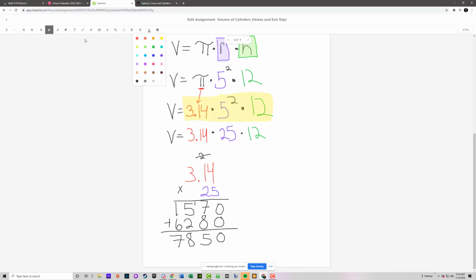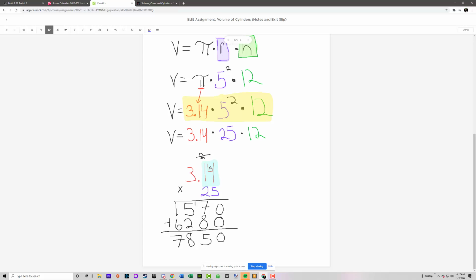Count the numbers that are behind it. So we have 2 numbers behind the decimal up here in 3.14, and we don't have any down here in 25.